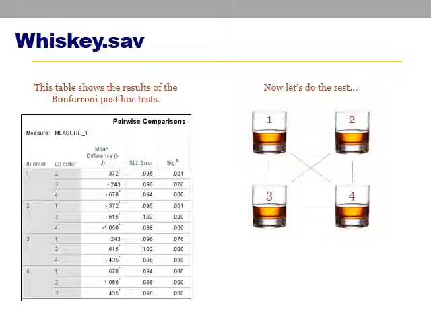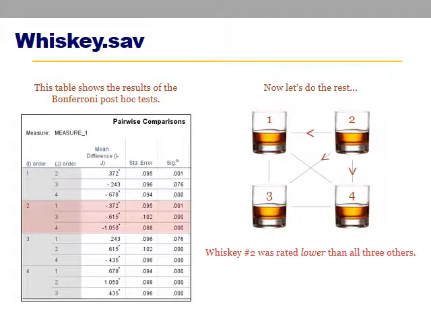The easiest way to do this, in my opinion, is to first see if there are any whiskeys in the table, or any means that is, that are significantly different from all of the others. For example, if we look at whiskey 2, which in the highlighted portion is being compared against whiskeys 1, 3, and 4, we see that all of those differences are significant, and all of the mean differences are negative.